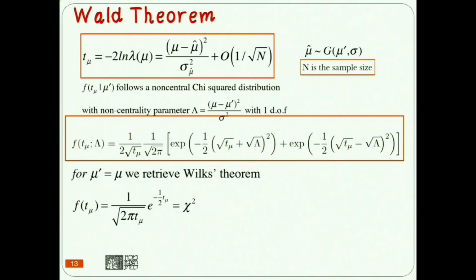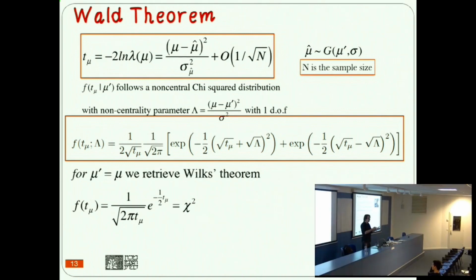Now, you see immediately that if I check the distribution of t_mu under mu, I should actually get back Wilks' theorem. So if indeed I set mu prime to be mu, the non-centrality parameter becomes 0, and you simply get a chi-square.